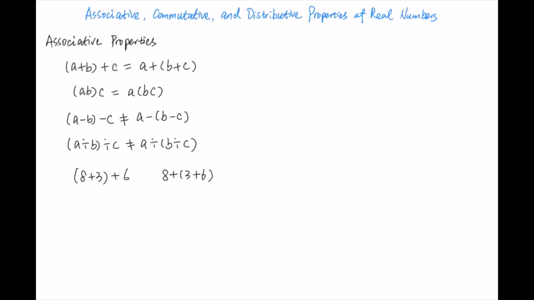The left side equals 11 plus 6, which equals 17. The right side equals 8 plus 9, so it equals 17. So now you can see for the addition of these three numbers, the associative property works.